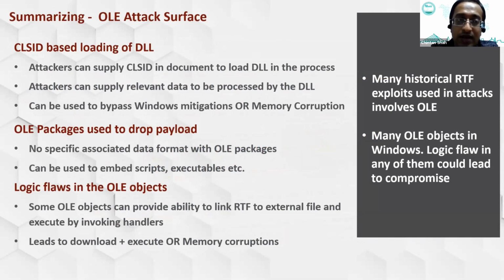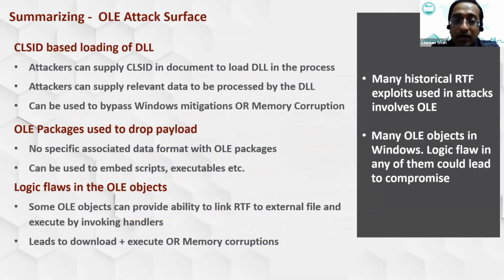One is CLS ID based loading of DLL. As I indicated, there are many OLE objects in Windows, and any logic flaw in any of the OLE objects could lead to the entire Office compromise. So what attackers can supply here is the CLS ID, right?